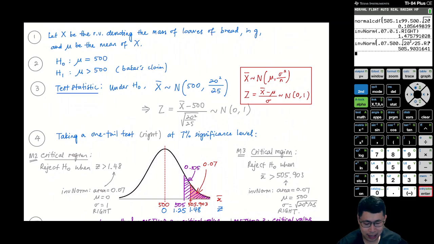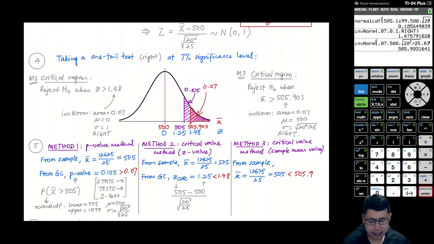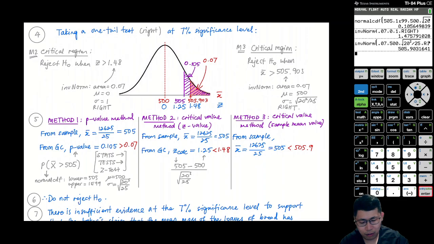Now then step 4, we will need to state the test at how many percent significance level. And at this step also, we will need to look out on where is the critical region based on this 7%. So based on the 7%, the critical region for the z-score is 1.48.